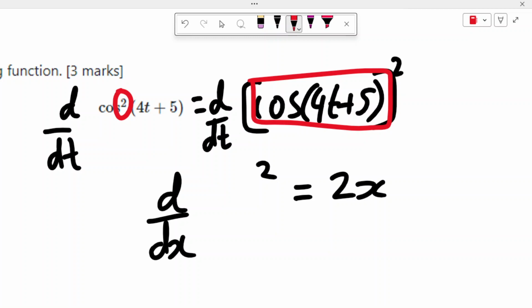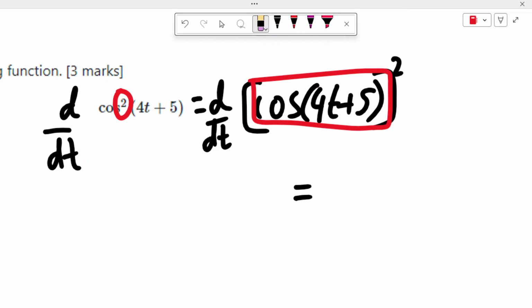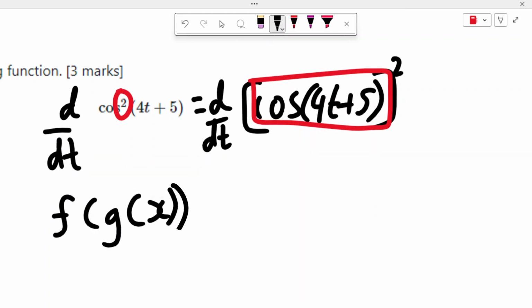If you haven't practiced the chain rule before, I'd strongly recommend going to previous questions and practicing it because trig sometimes gets a little confusing. First step, we're going to write out the chain rule. I like writing it out like this. We've got some function on the outside, like f of x, and some function in the middle, like g of x.